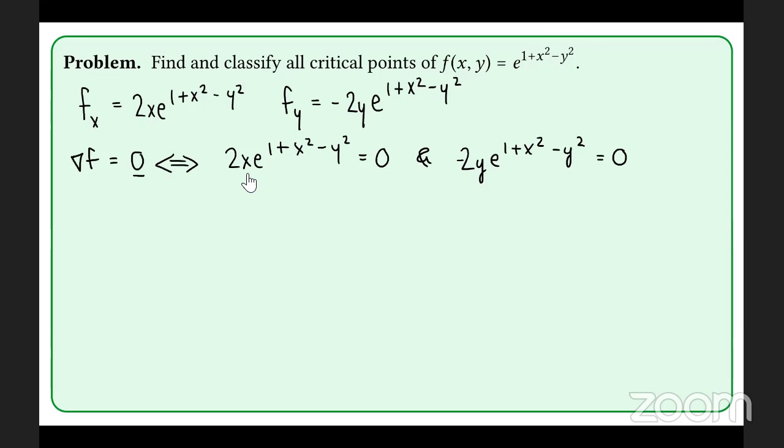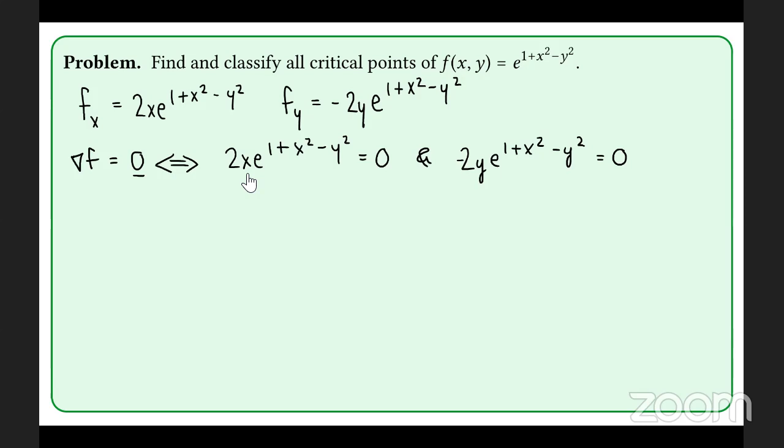So when are these guys equal to 0? Well, the product of a bunch of numbers equals 0 if and only if at least one of those numbers is 0, right? So 2 is not 0, famously. And e to the anything is never 0.